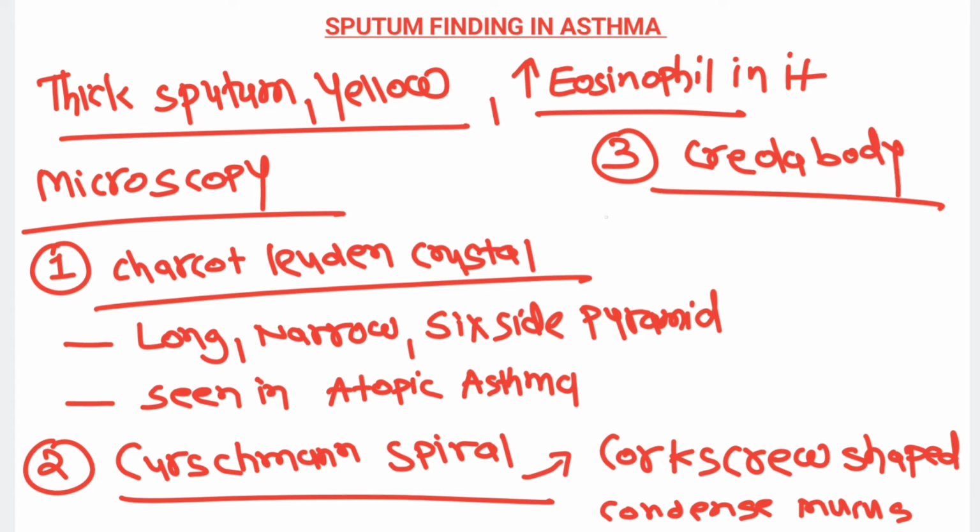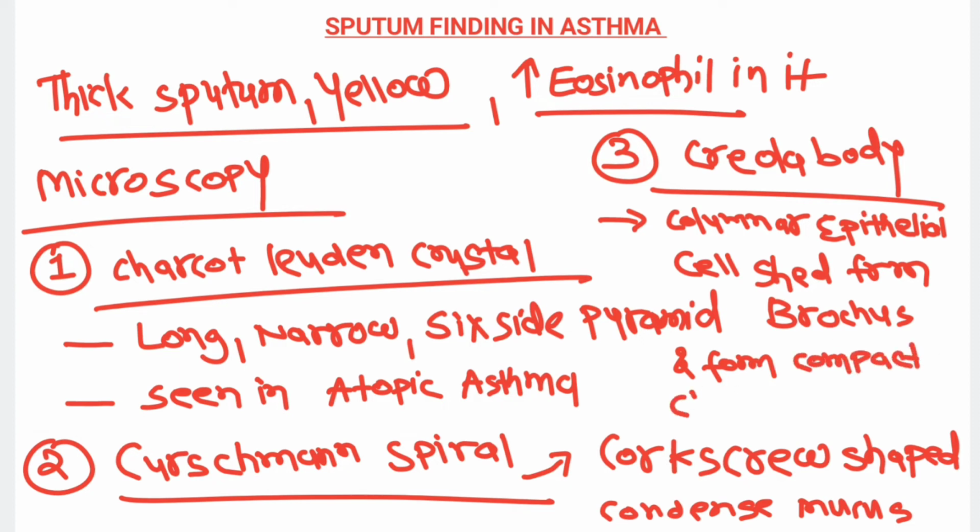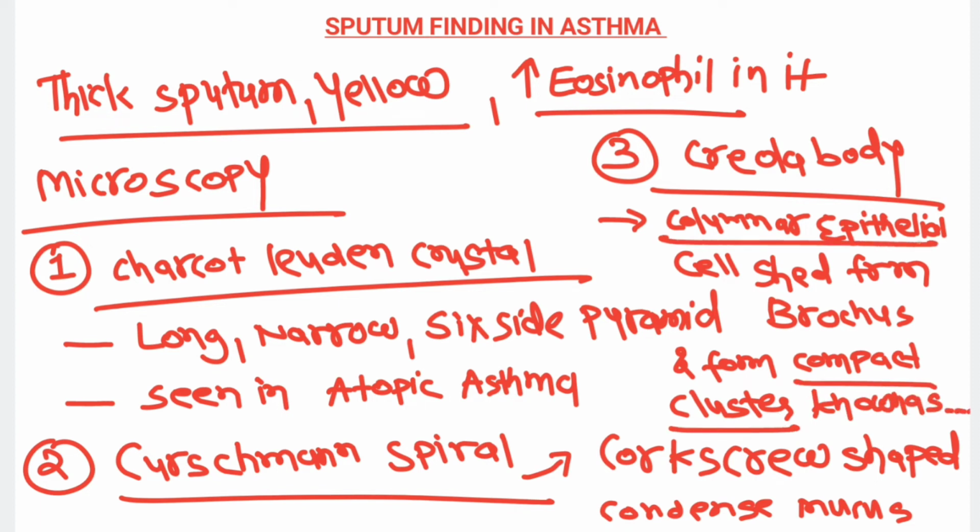So what do you mean by Creola body? Friends, it's a columnar epithelial cell group which is shed from the bronchus, and these shed columnar epithelial cells form a compact cluster. That columnar epithelial cell group is known by the name Creola body.